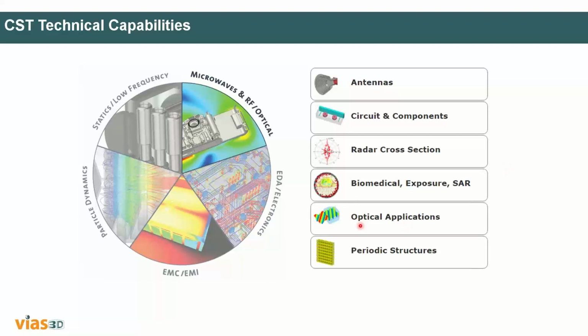Then optical applications, that is one of the biggest things. I think most of us are not much experienced, because I'm also coming from an EM background, but I have studied optoelectronics applications, though I didn't work much on that.